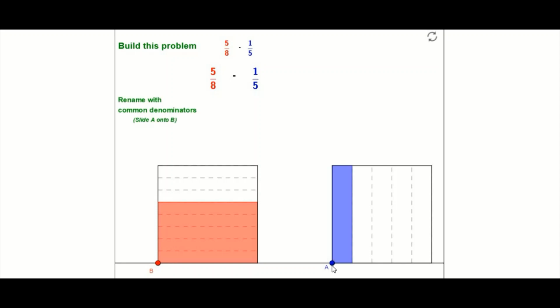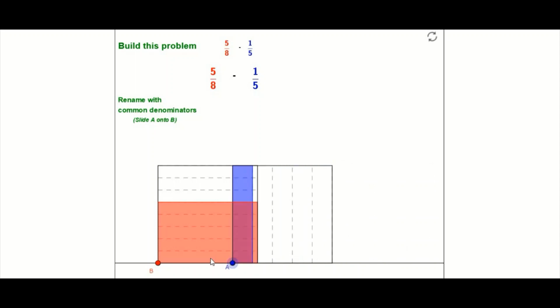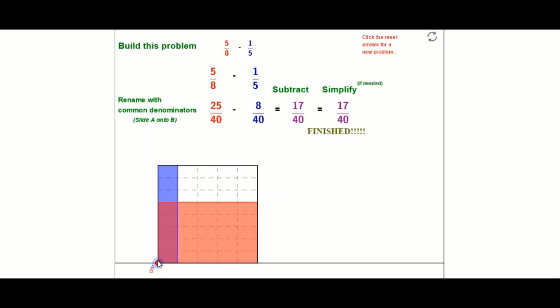Now I need to combine the two rectangles. And what happens now is that I now have 40 equal parts. The amount of red part that is shaded is now 25 parts out of a total of 40, and the amount of blue area that is now shaded is 8 parts out of 40.